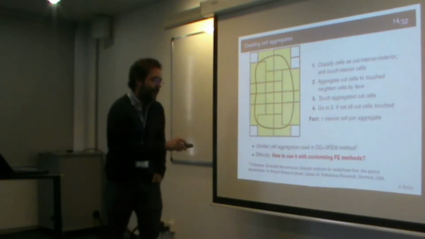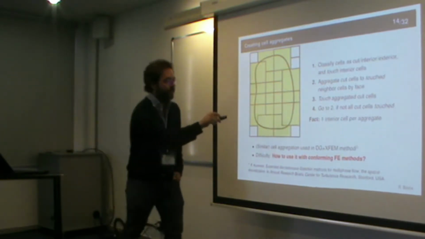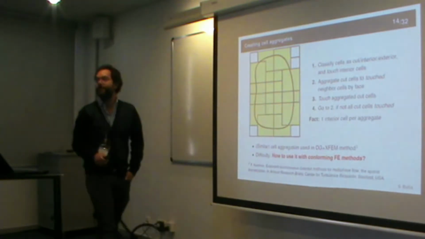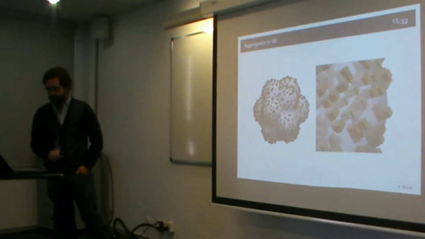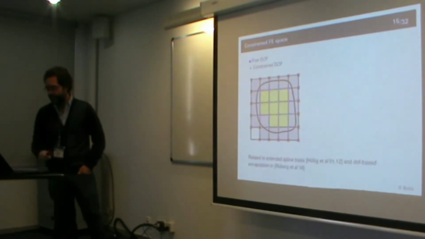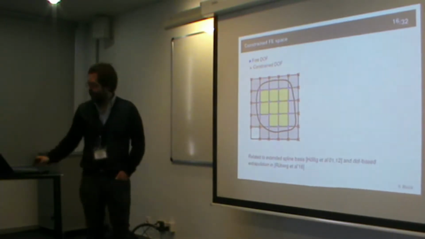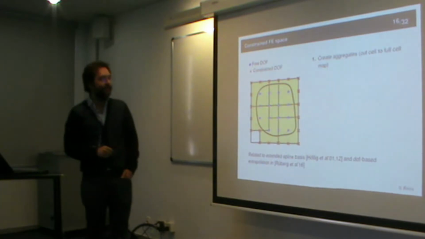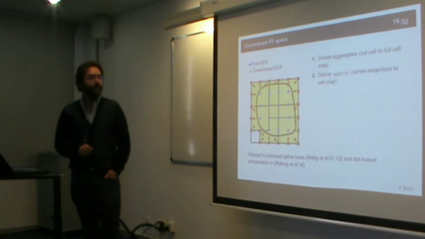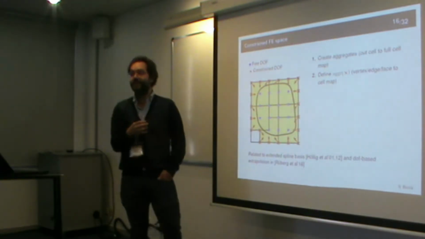But we wanted to apply that with conforming finite element methods, in which we have, let's say, the right continuity on the interface between elements. Okay, it's a picture of the aggregates in 3 dimensions. And what we do here is the following. First, we did aggregation, as I told you. The second ingredient that we need is to define for all the vertices, edges, and faces in our geometry.